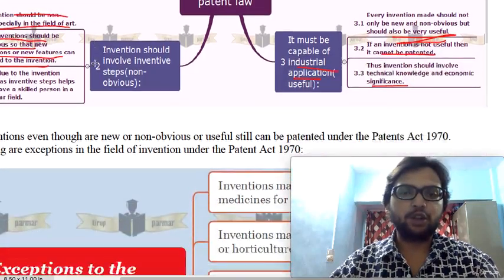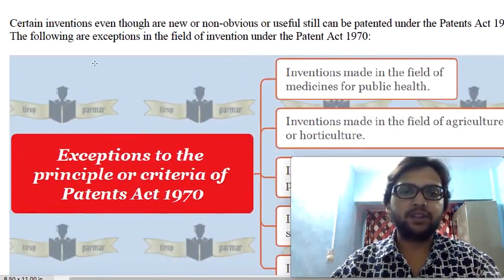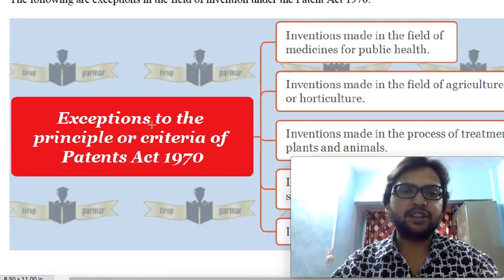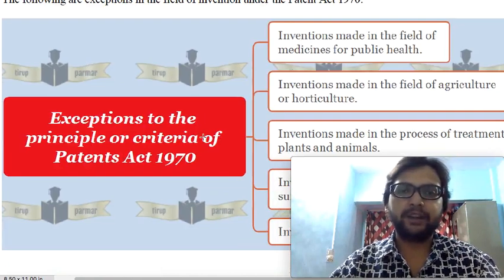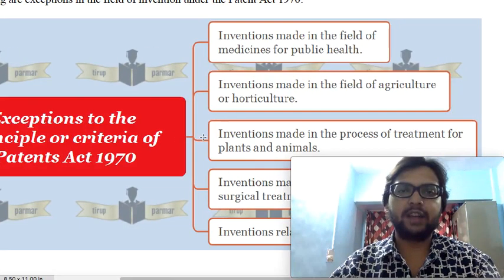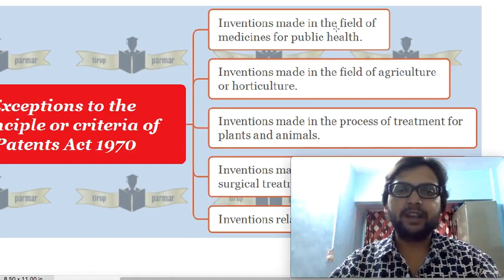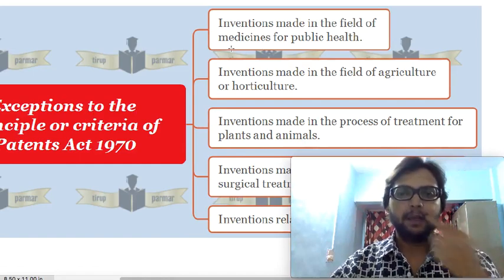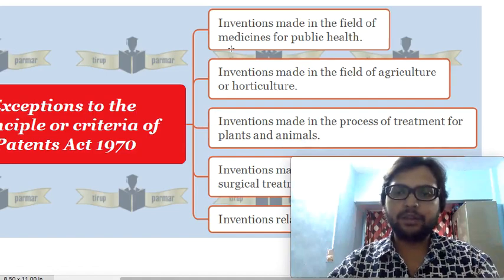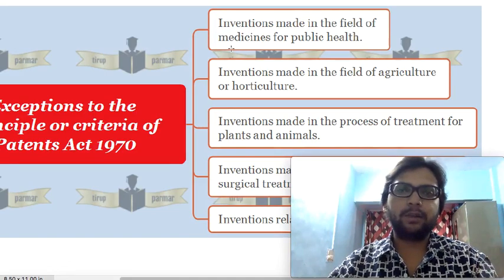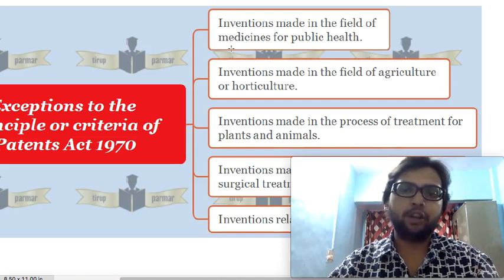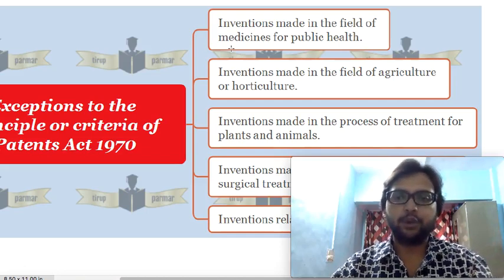There is also one more part of the same question. There are some exceptions to the criteria of the Patent Act 1970. What are the exceptions? Inventions made in the field of medicines. There are some inventions made, but the government plans not to provide patents on such ideas. For example, the polio dose.